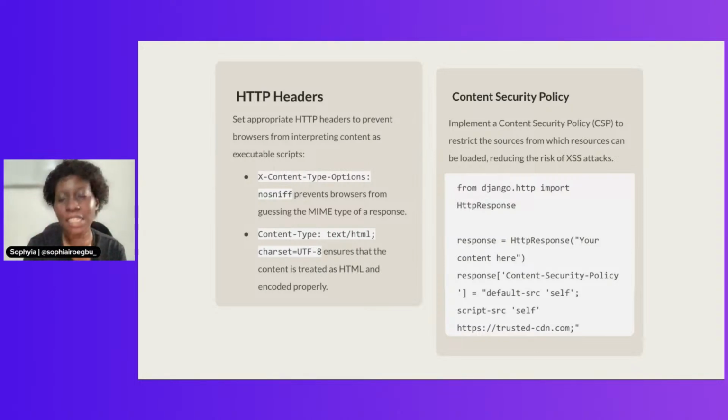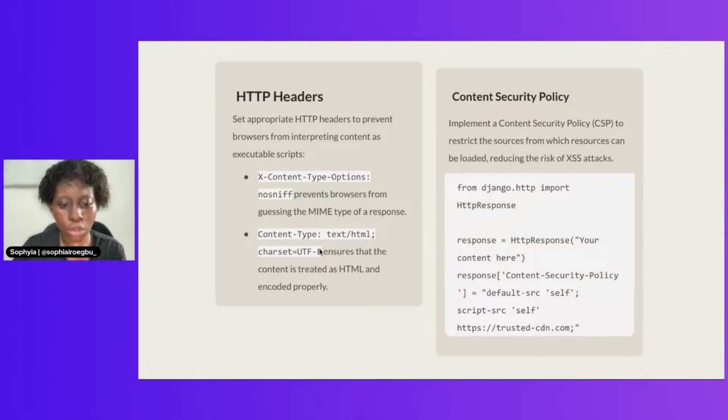Next, HTTP headers. Always ensure that you use the appropriate HTTP headers to prevent your browsers from interpreting your content as a script. I mentioned two HTTP headers that you can use. The first one is this X-Content-Type-Options: nosniff. So what this header does is it prevents the browser from guessing the MIME type of the response.